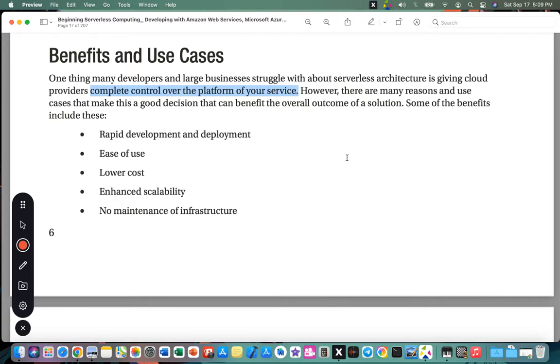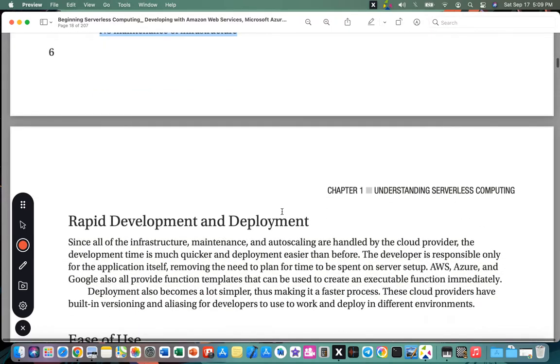However, there are many reasons and use cases that make this a good decision that can benefit the overall outcome of the solution. Some of the benefits include rapid development and deployment, ease of use, lower cost, enhanced scalability, and no maintenance of infrastructure.